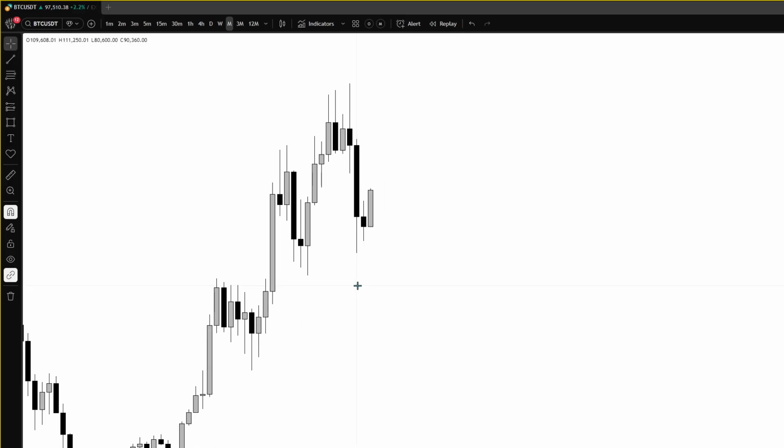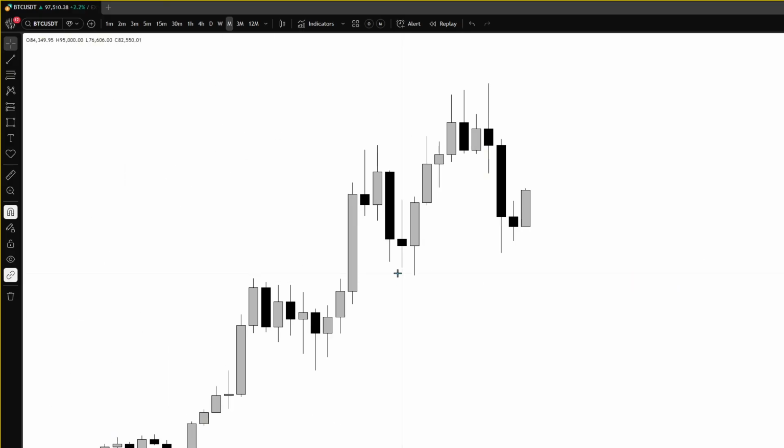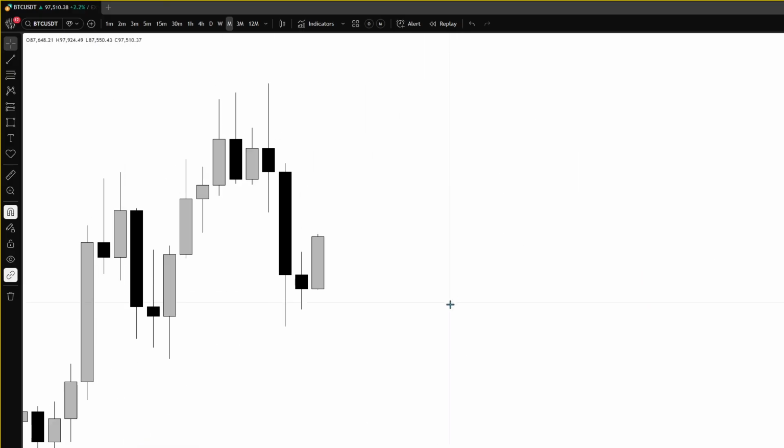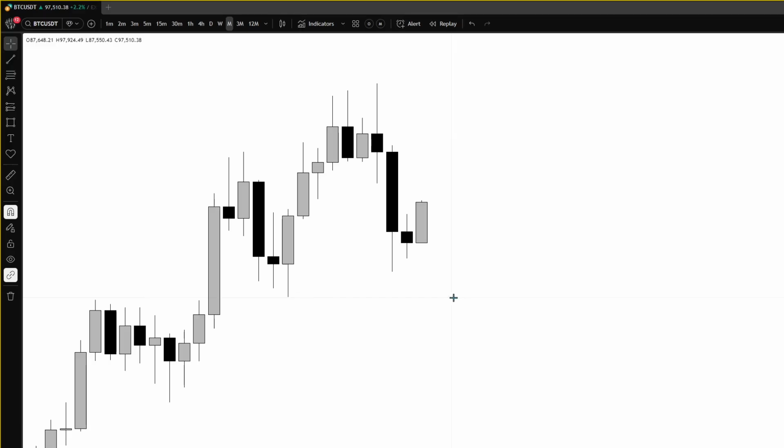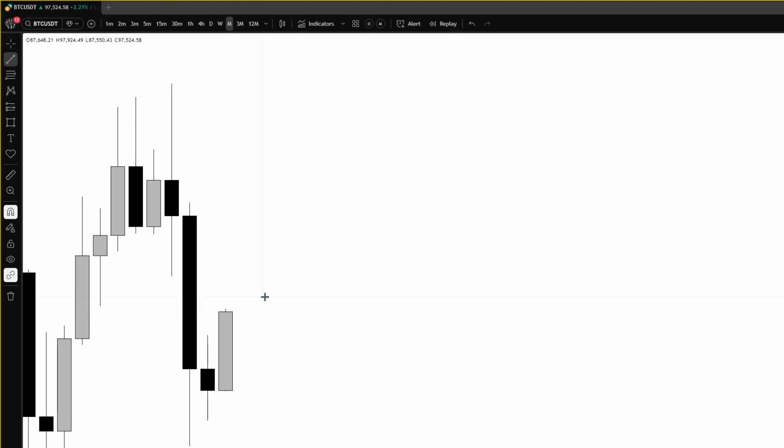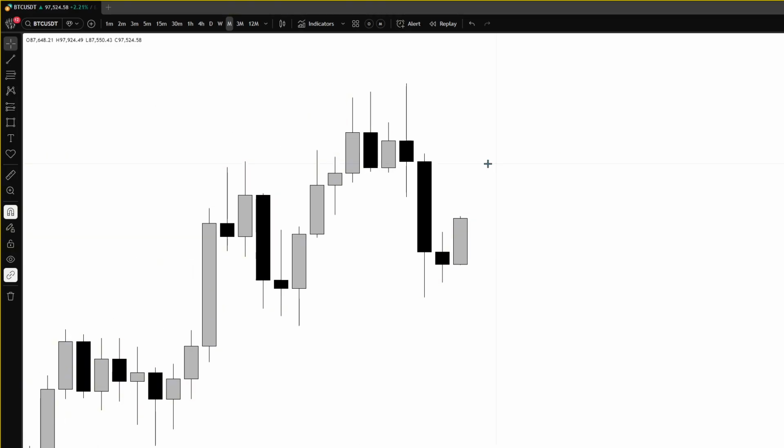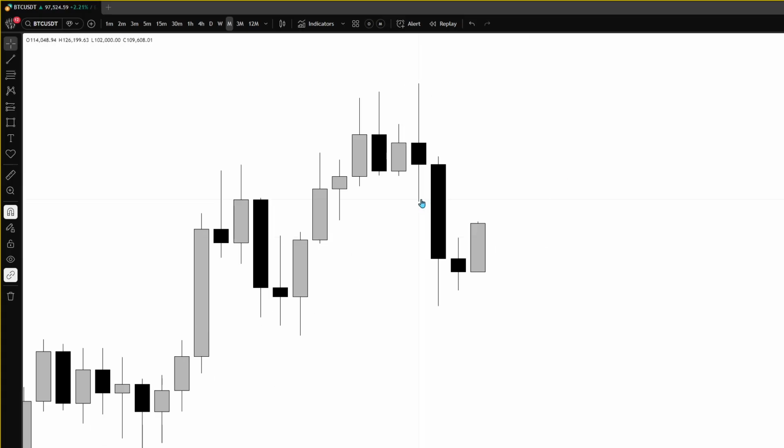All right, so right now on Bitcoin, I'll teach this as a bonus. It's a really cool concept. It's one of the only ones that I know that involves just one candle. Anytime you see a candle, and don't apply this concept to low liquidity assets.